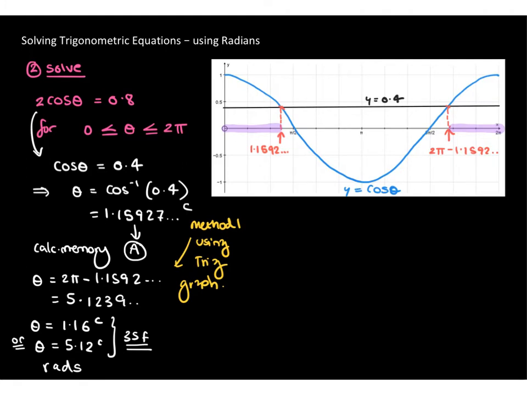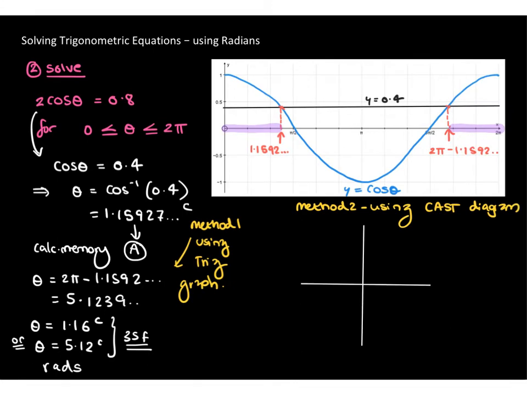Now, we're going to have a look at solving again by method 2, which is to use the 4 quadrants and the cast diagram, or the unit circle diagram. Now, it's important to make sure you know the size of angles as approximate values, even if they're multiples of pi.